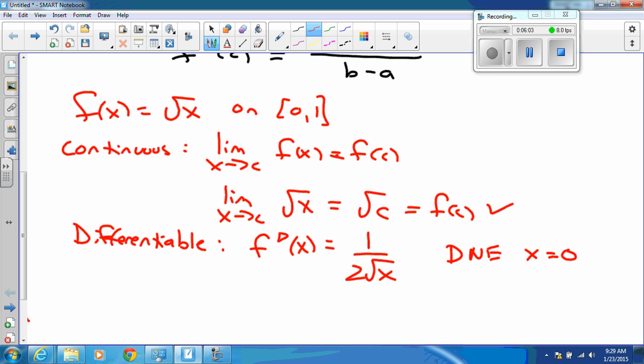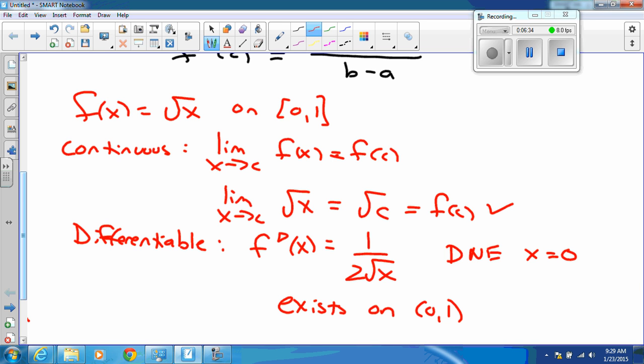Although the derivative does not exist at 0, it does exist for all x's in the open interval 0 to 1, which is all that I require. The mean value theorem allows the function to have, here, a vertical tangent at x equals 0, at the endpoint. Does that make sense? Yes.